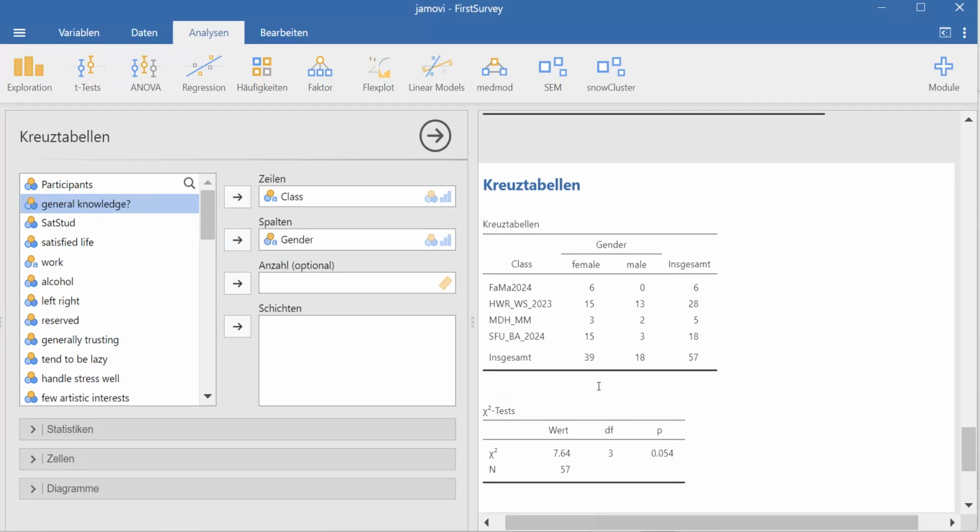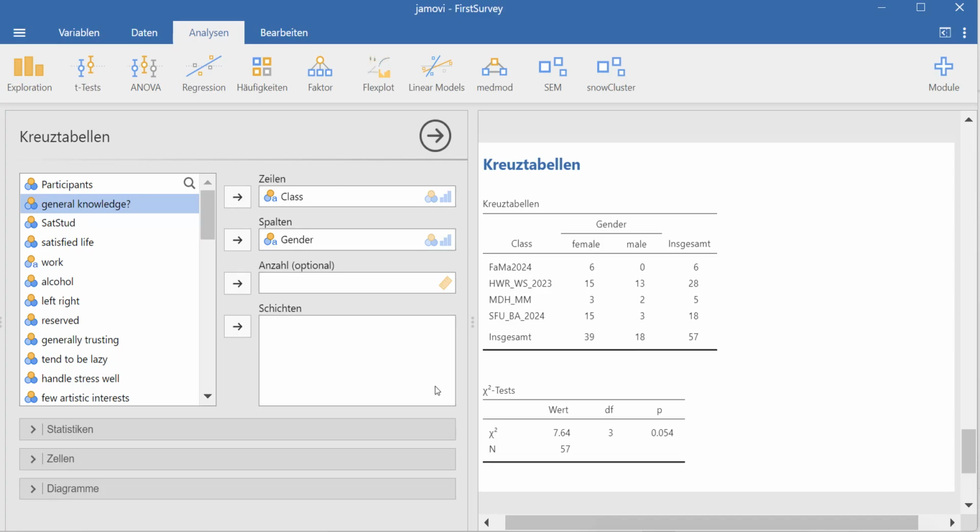Then here automatically your cross table will be created, and you see that you have 15 females in the class of the public university, but you also have there 28 students from that class, so much bigger the class. So it's difficult to compare these numbers. Therefore, it makes sense to have a look at the percentages.